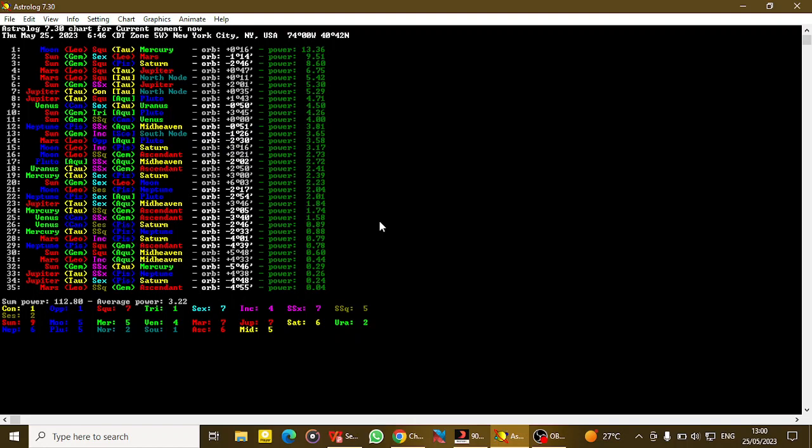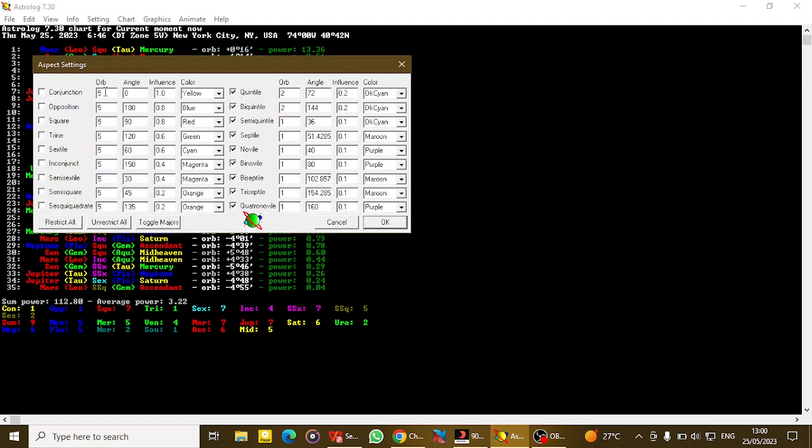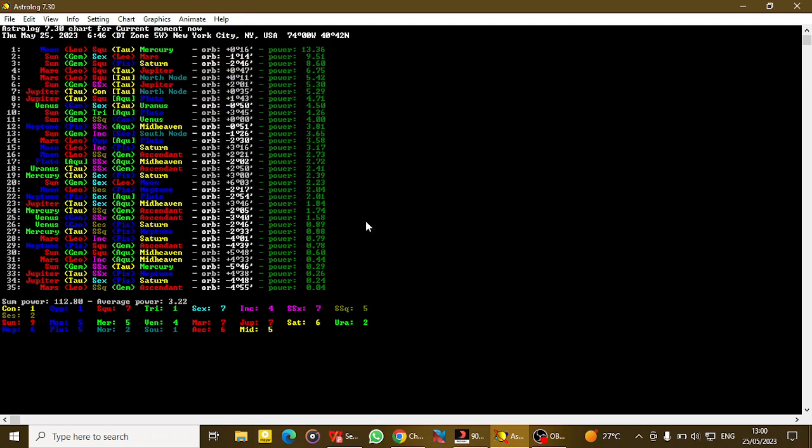So always remember the orb allowance we give any planet to influence any particular market is 5 degrees 59 minutes. Just put 5 degrees there as your orb setting. Under aspect, you put your orbs to be 5, and once you put 5 degrees orbs, you're good to go.